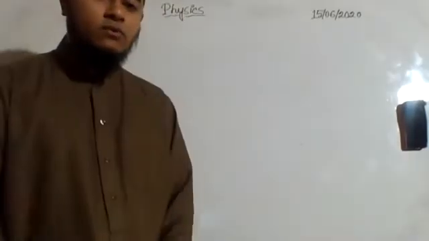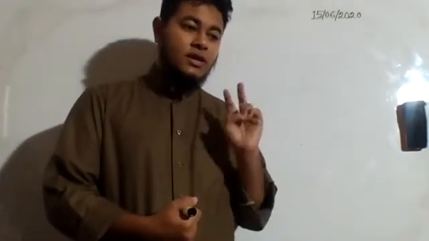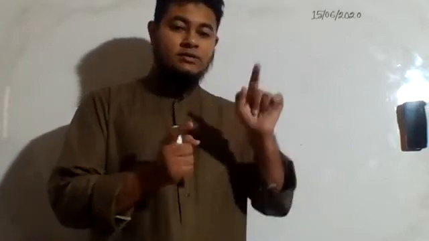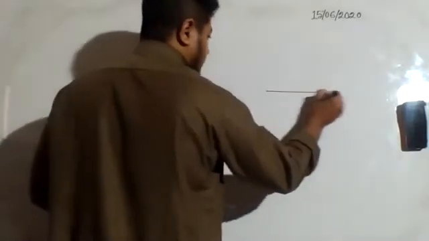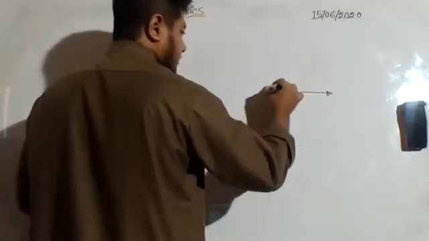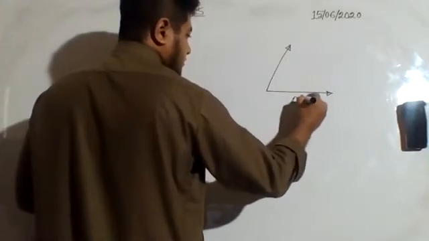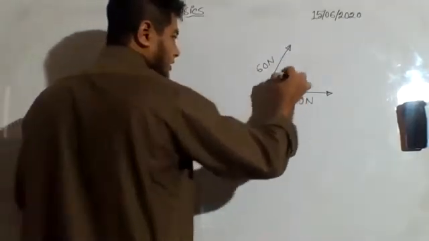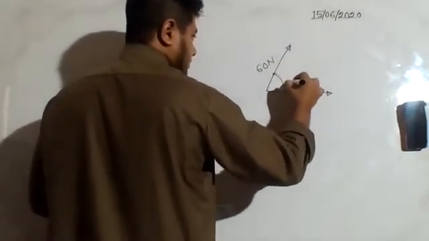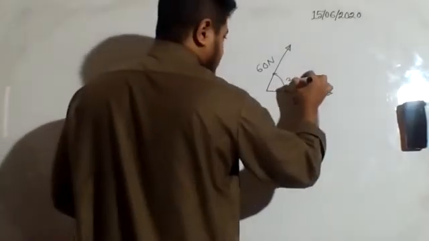We already know how to find the resultant vector when two vectors are acting on a particle at a certain angle, right? So that is the parallelogram law, if you remember. This is one vector and this is another vector. We know that one is 20 Newton, another one is 60 Newton, and the angle between them is already given as 30 degrees.